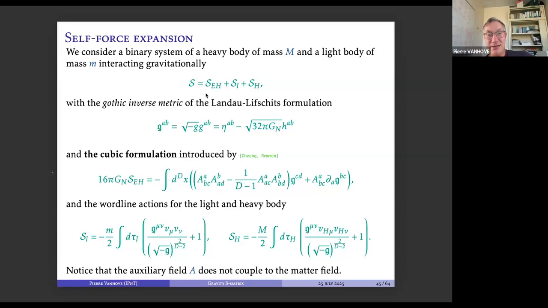They say that if you take the Einstein-Hilbert action and gauge fix it using the Gothic inverse metric, not working with the de Donder gauge but with the harmonic gauge, then the action of gravity is purely cubic. This is an action where you have just a derivative of the metric, this an auxiliary field, then there's the metric with no derivative, and then the auxiliary field.